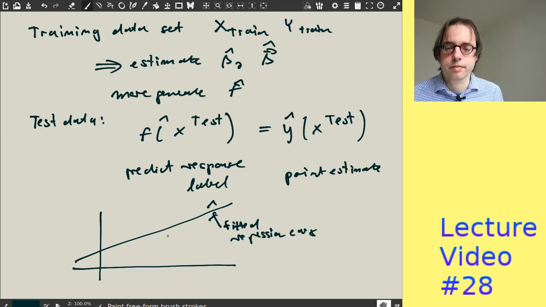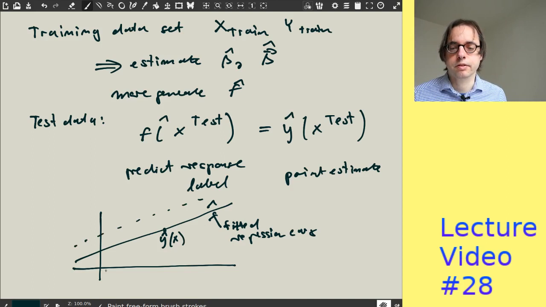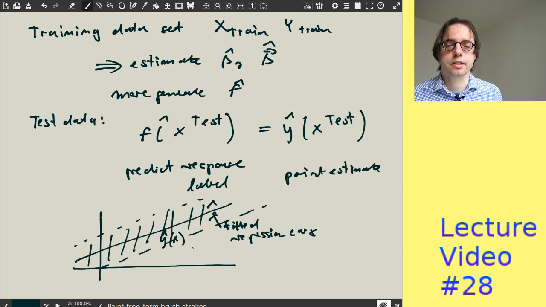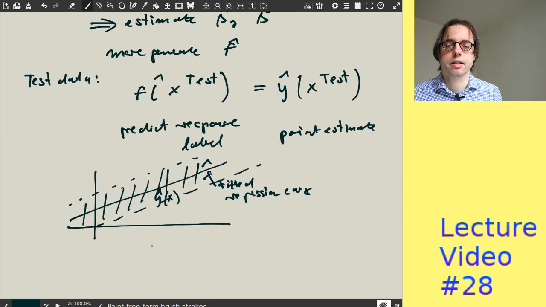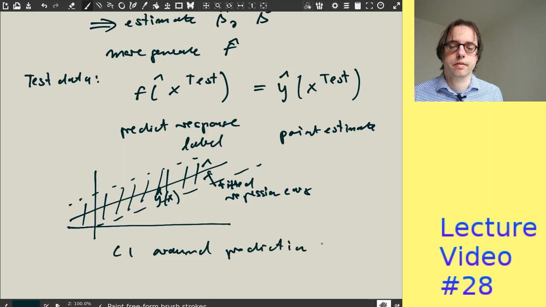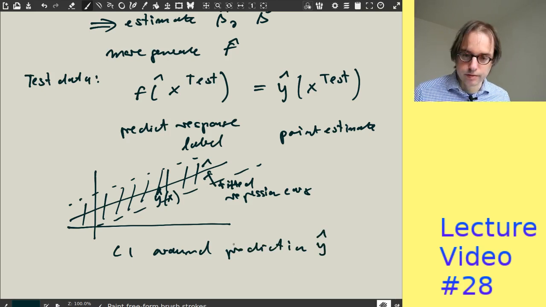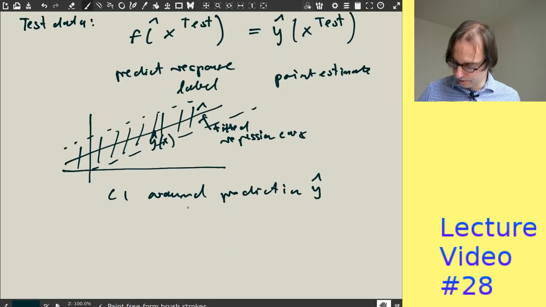All of these are y hats for x, and ideally we would like to get some sort of confidence interval, CI, around the prediction y hat. And the question is, how do we do this?